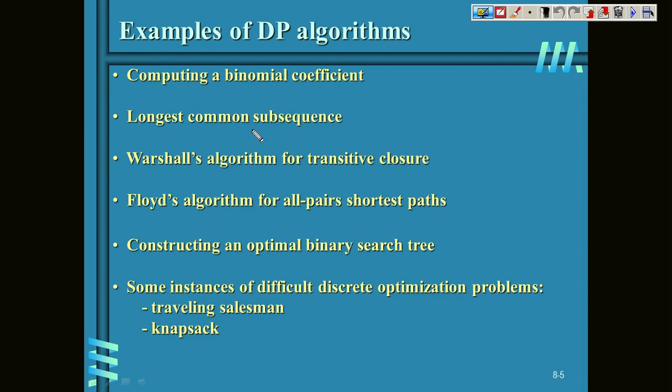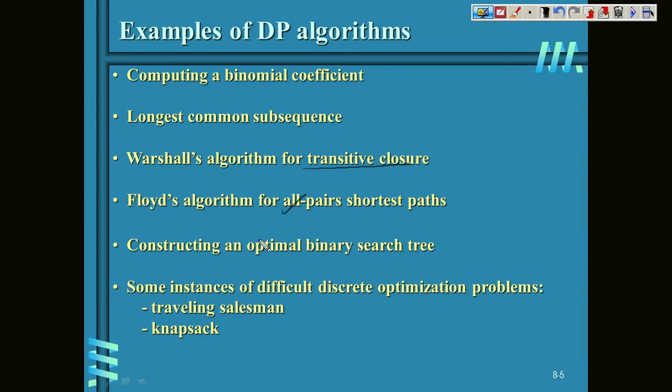For this, again, dynamic programming is very helpful. To find the transitive closure: transitive closure basically defines the complete information in the graph about the path between two vertices, and this can be found by using Warshall's algorithm.